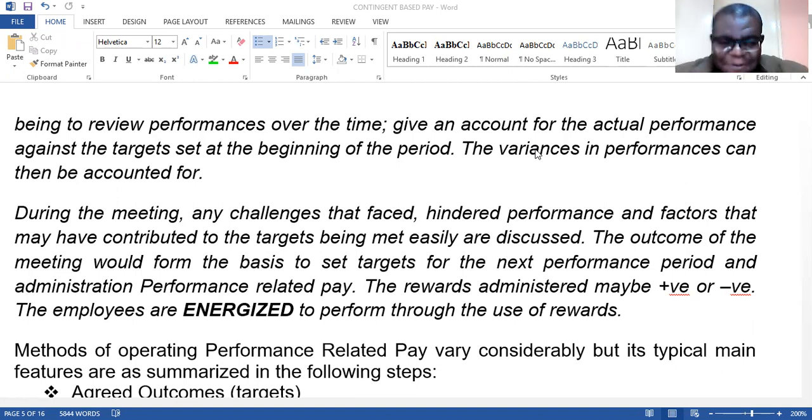Then you look at performance and say, these are the outcomes that the individual has achieved. We need to use the results to reward the individual. It is these rewards that will act as an energizer to drive the individuals towards performing.